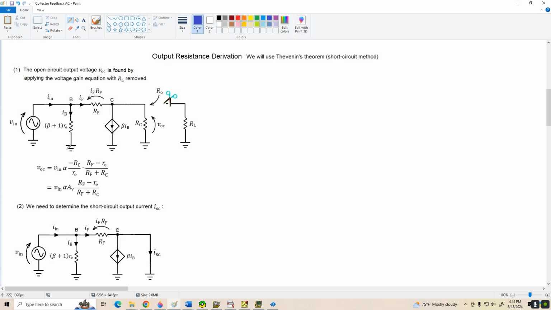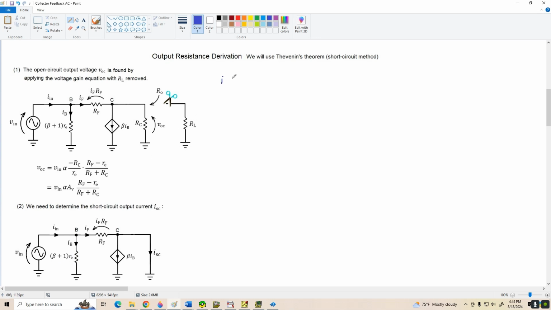The next thing we want to do is determine the short circuit output current. So we place a short from the collector to ground. That removes RC from the circuit, giving us this equivalent. And a couple of things we notice right off the bat is that the base current is equal to Vin over beta plus 1 times little re.